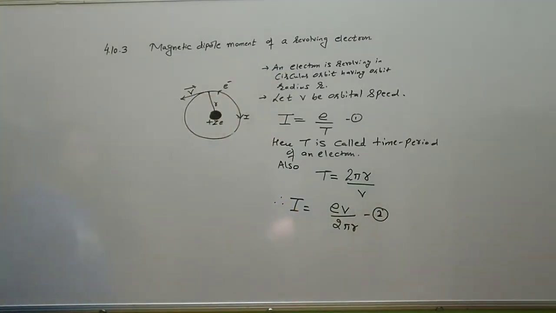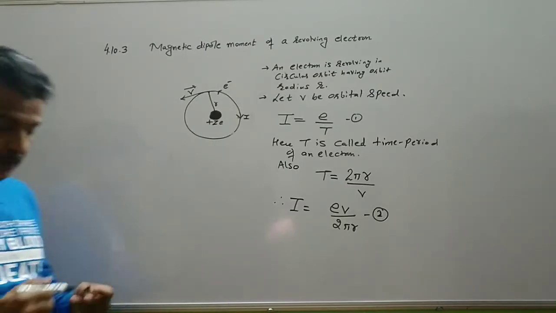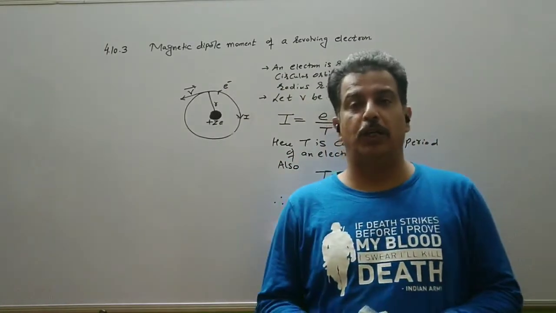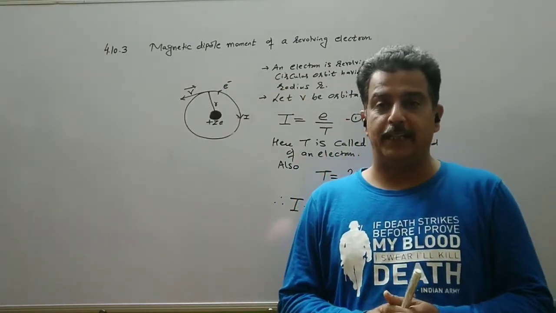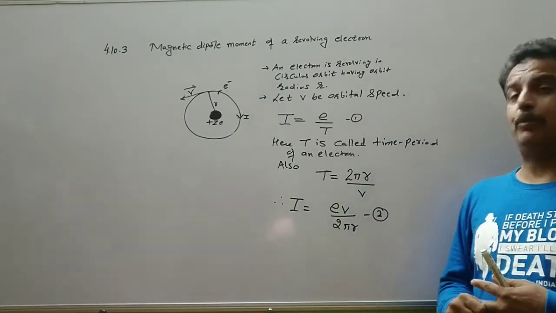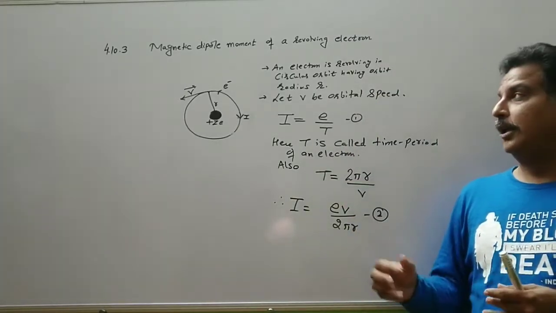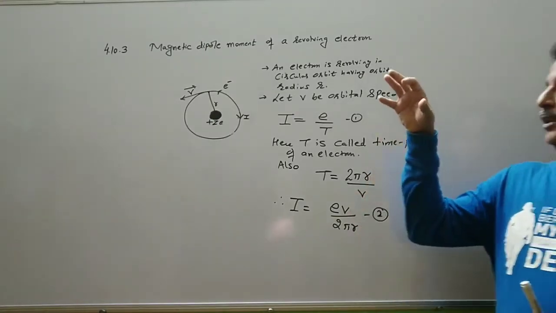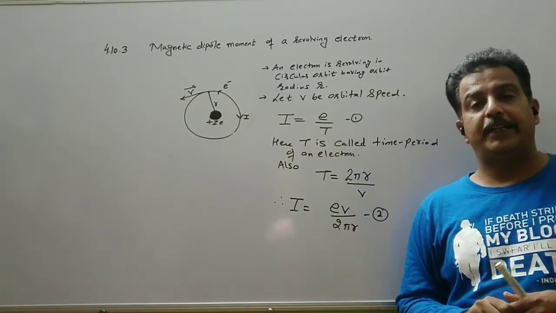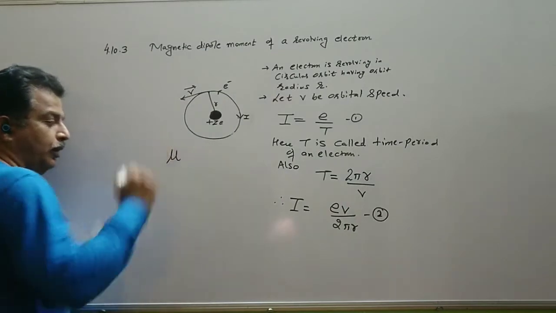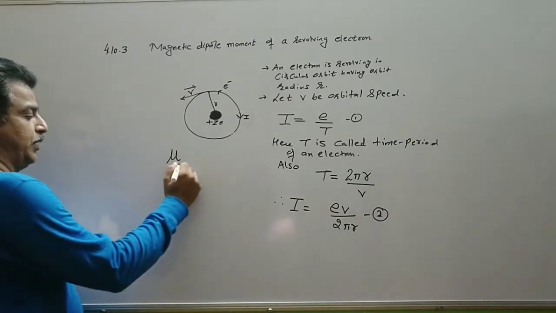Now we know that the magnetic moment is given by the formula I into A. Now we have generally denoted the dipole moment by the symbol small m. Here at the atomic level the magnetic moment is generally denoted by mu, and we keep a subscript small l.